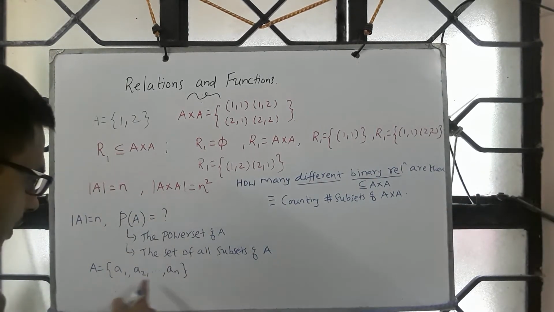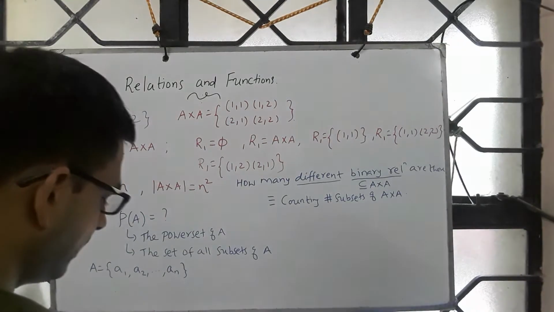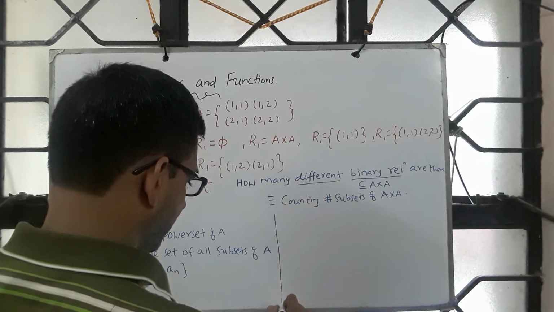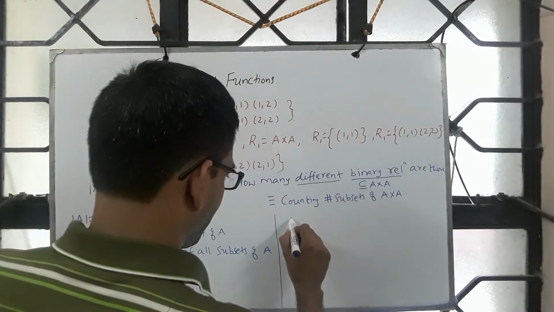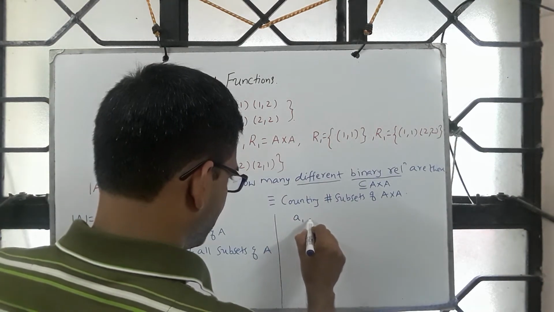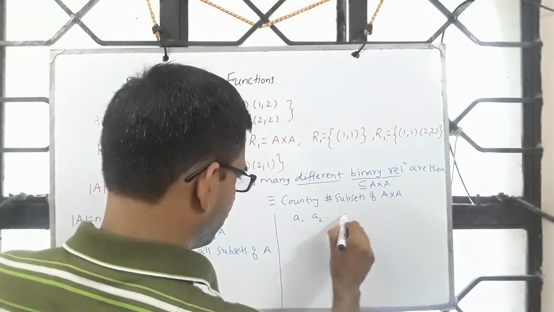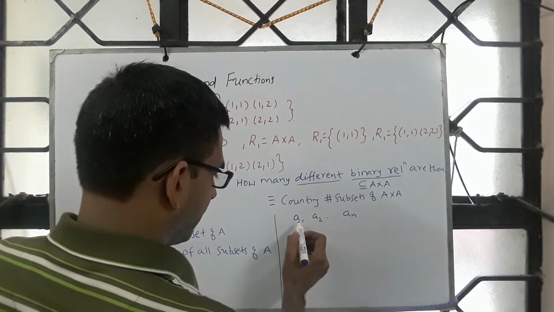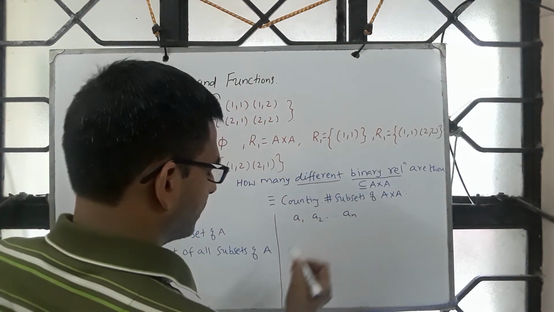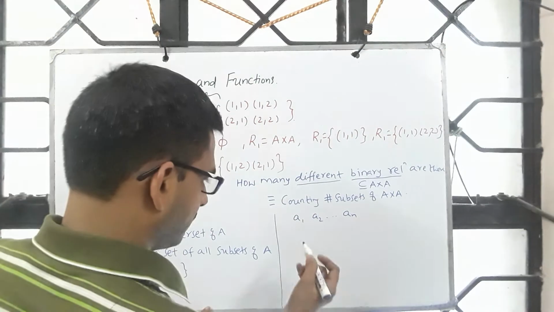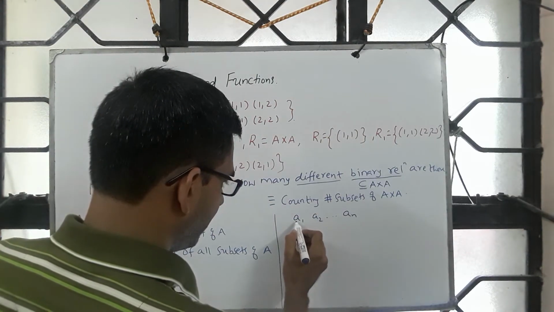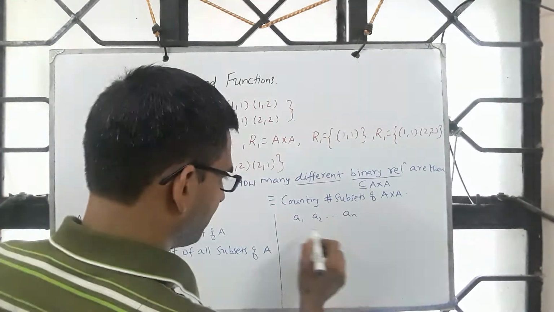So if you look at a set with n elements, one can give a simple direct proof. There are n elements, A1, A2, so on up to An. If you look at a subset in particular, each element may be present or may not be.